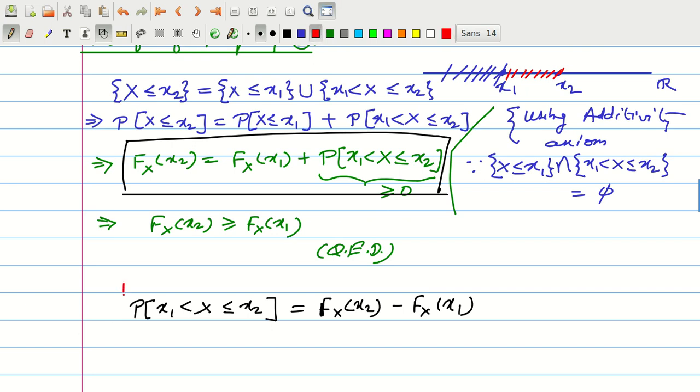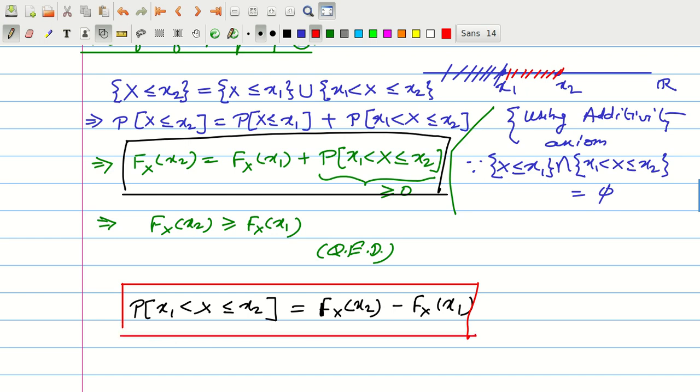So in terms of two cumulative distribution functions, we can express the probability of the random variable to take values in a certain range. So that's an important result.